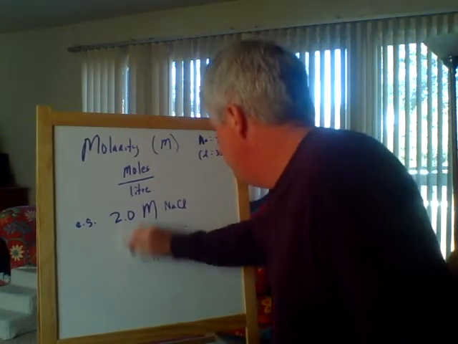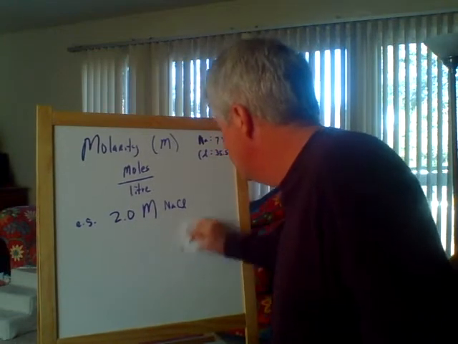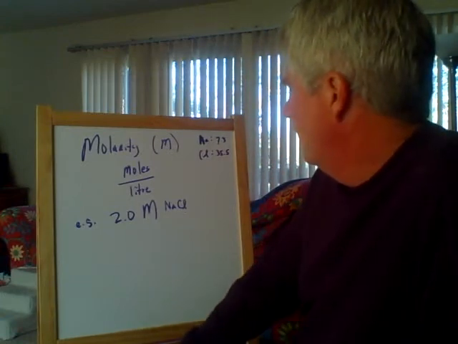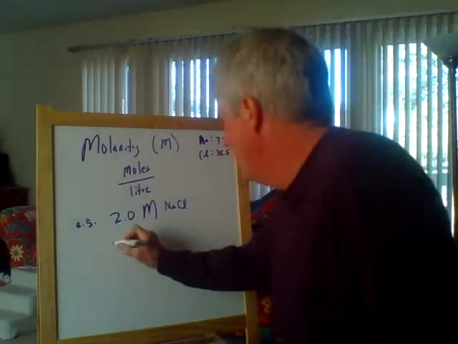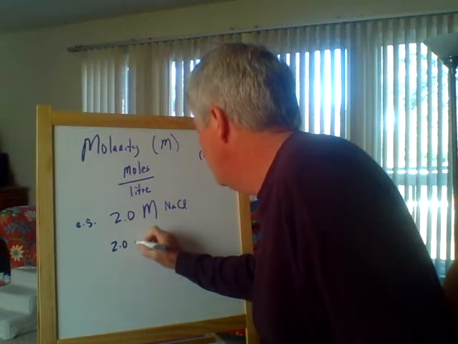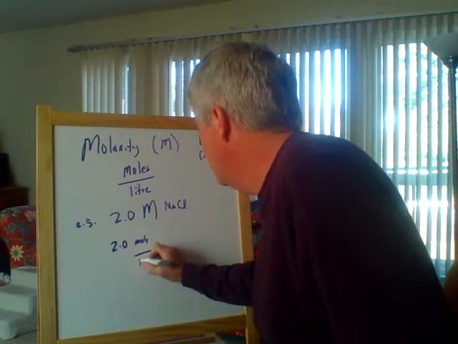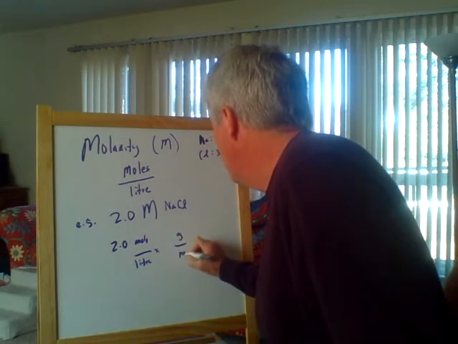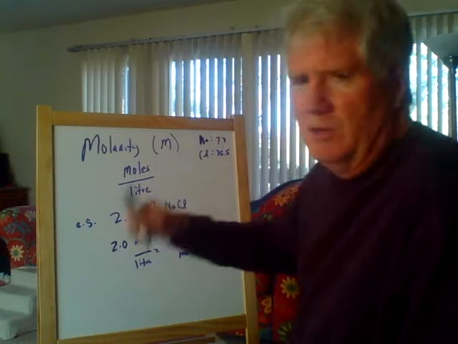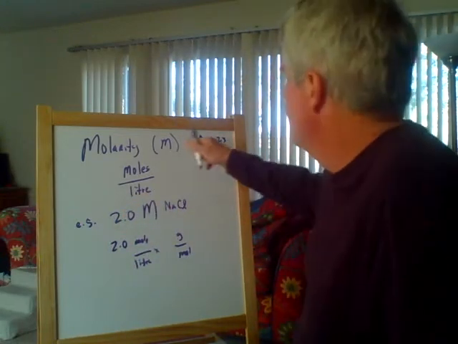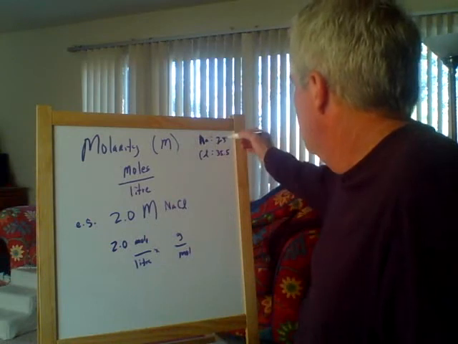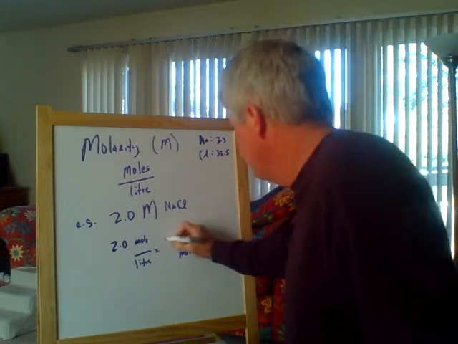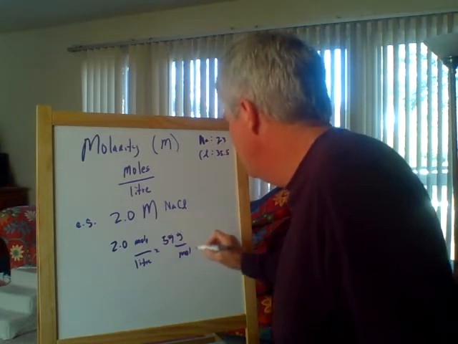So, for example, we started with a molarity of sodium chloride of 2. We could easily convert this 2 moles per liter times some number of grams per mole of sodium chloride. The molar mass of sodium chloride is, I'll round this up, about 59.